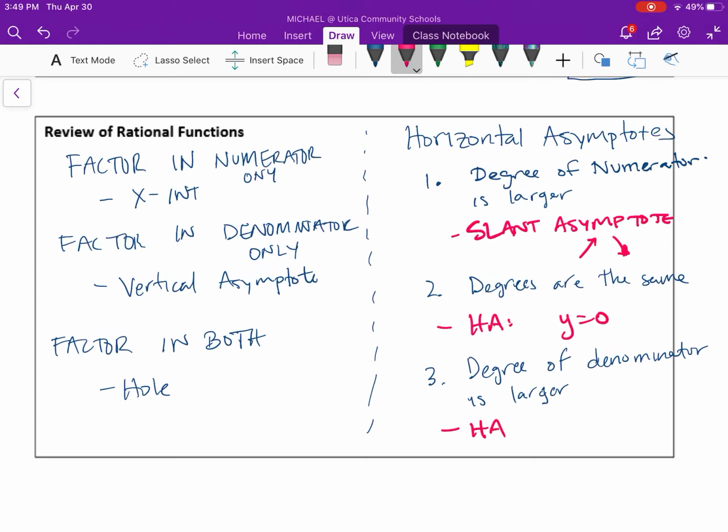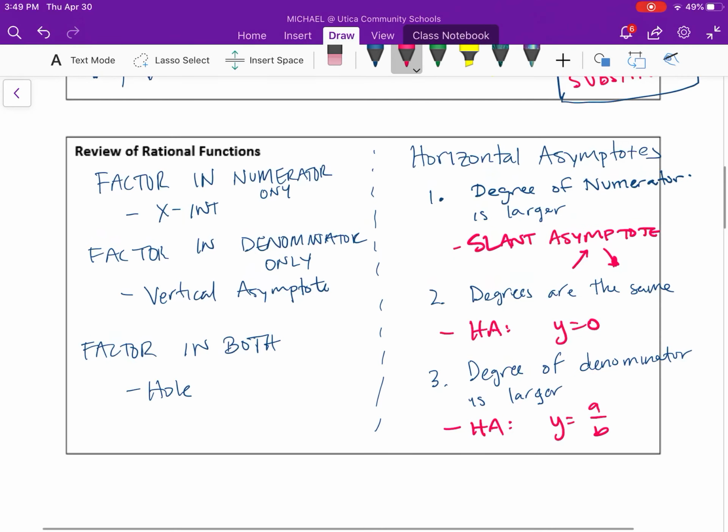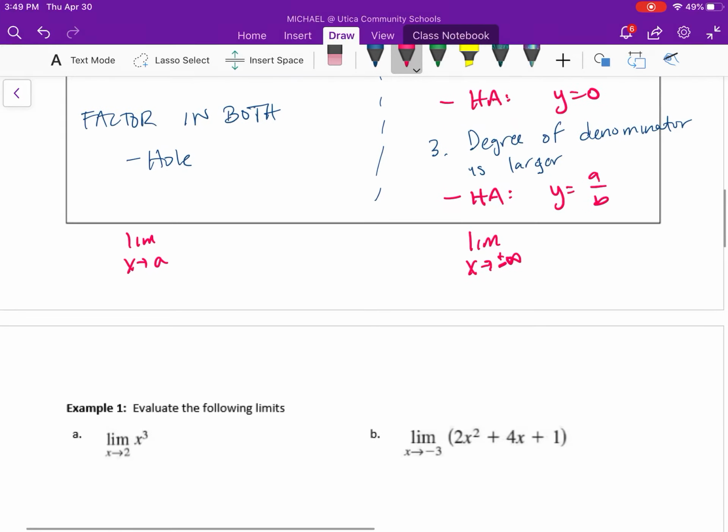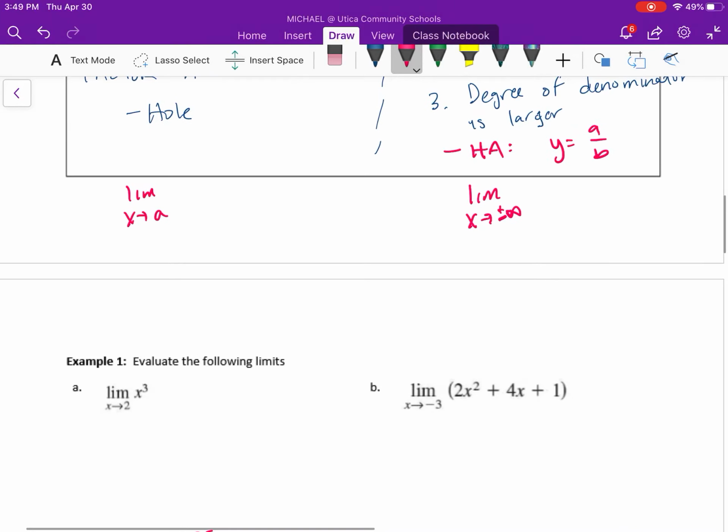In that case, I have a horizontal asymptote of y equals 0. So these are going to come into play when I'm looking at limits as x approaches plus or minus infinity. And the factor review is going to come into play as I'm looking at values like 2, -2, 7, whatever it might be. All right, so let's take a look at some examples.